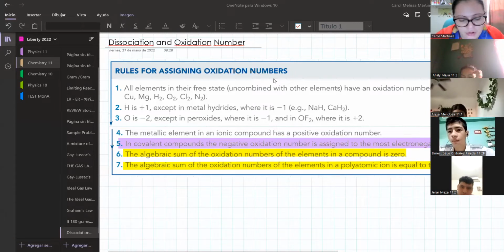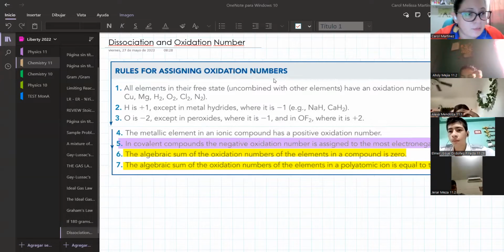Oxygen, the rule of oxygen. 99% of the time, oxygen will be -2, except in peroxides, where the charge of oxygen is -1, and in oxygen difluoride, where it is +2.